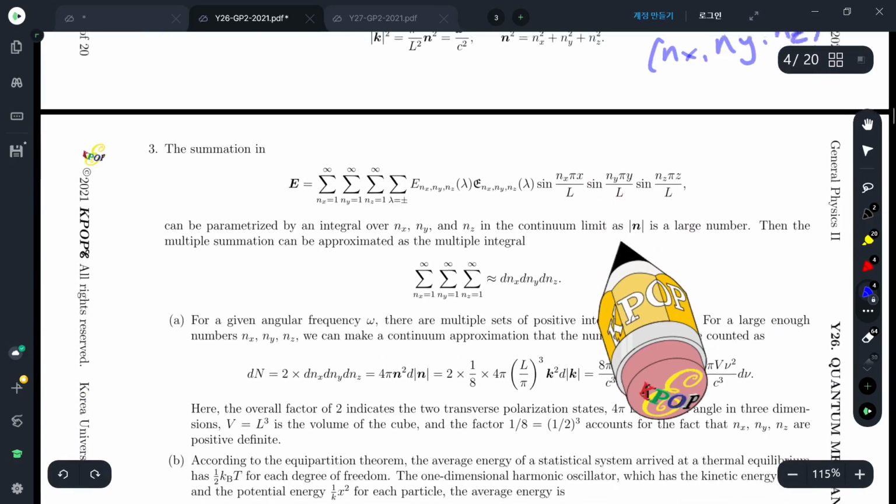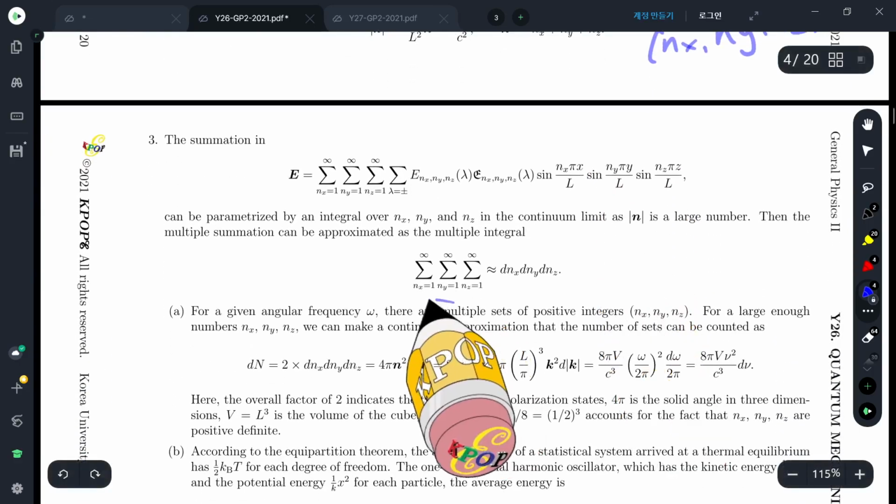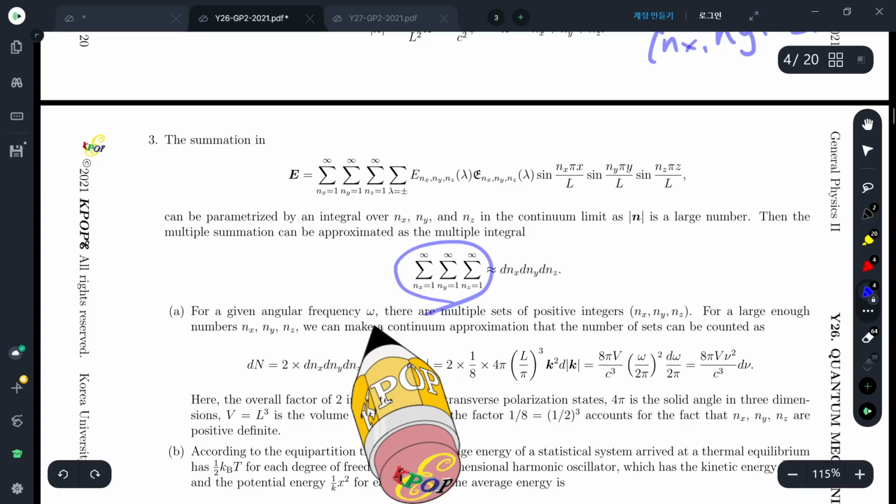That complicated summation for the large n limit approaches a Riemann sum. That means we can replace it with an integral.